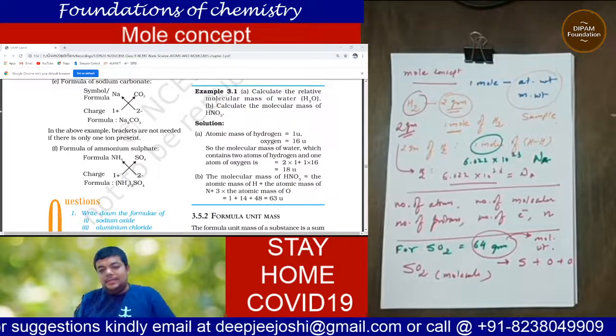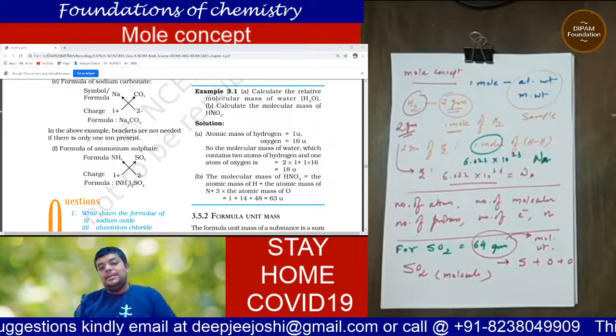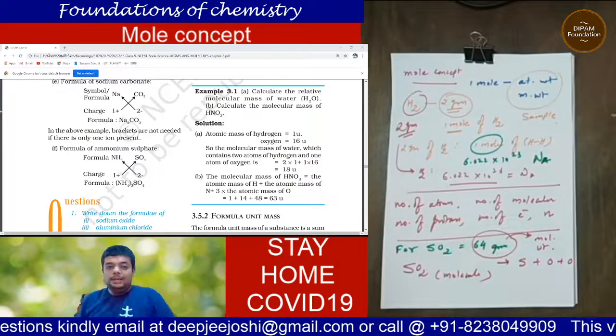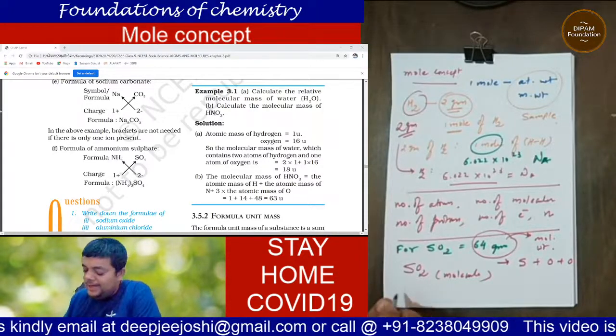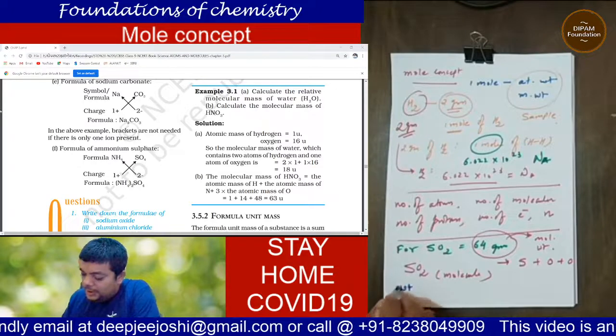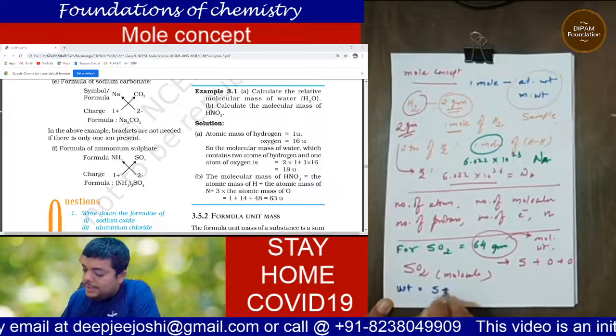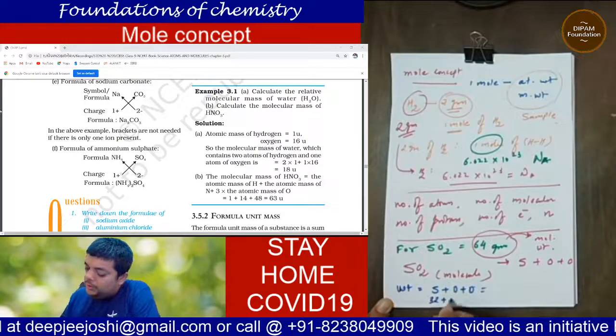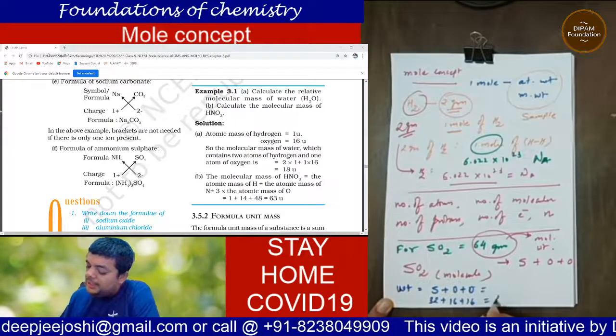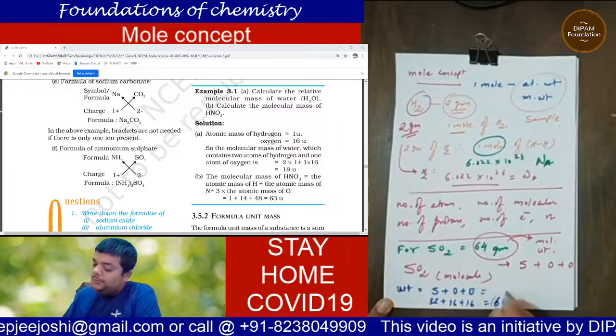So we will learn this one example through theory, and then I'll give you good formulas that will make your task very easy. See how. So first I need to calculate the weight of SO2. S plus O plus O: 32 plus 16 plus 16, and yes, it is 64.